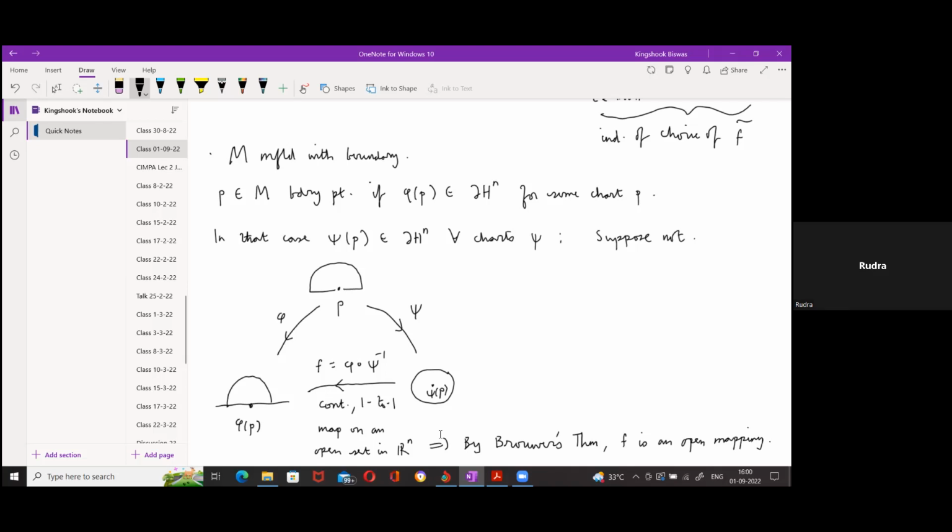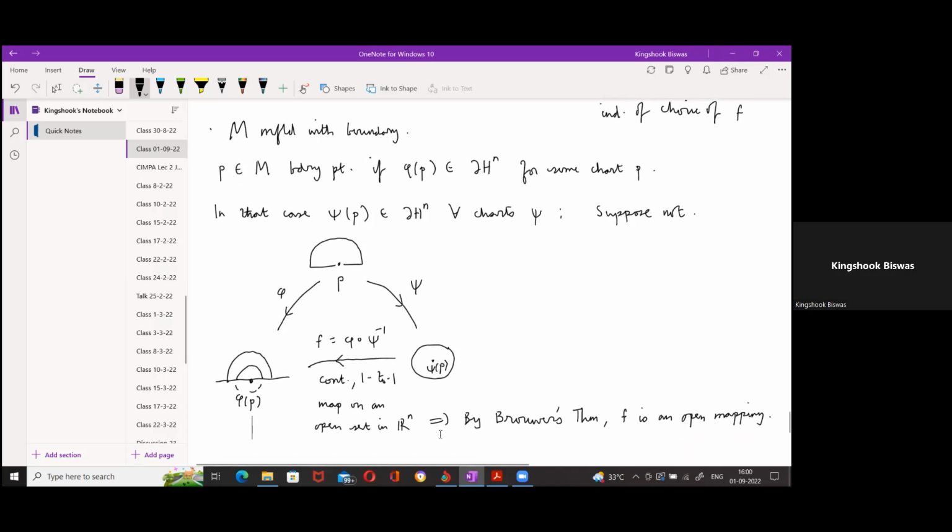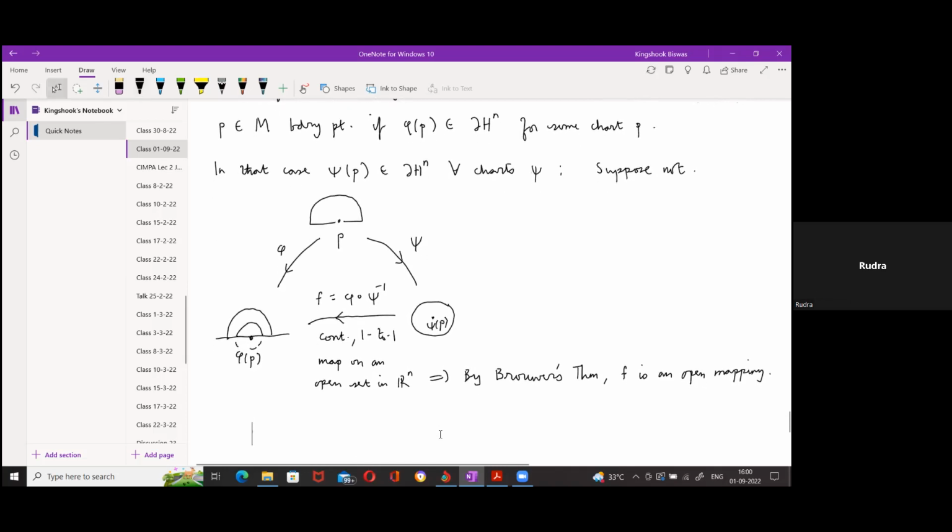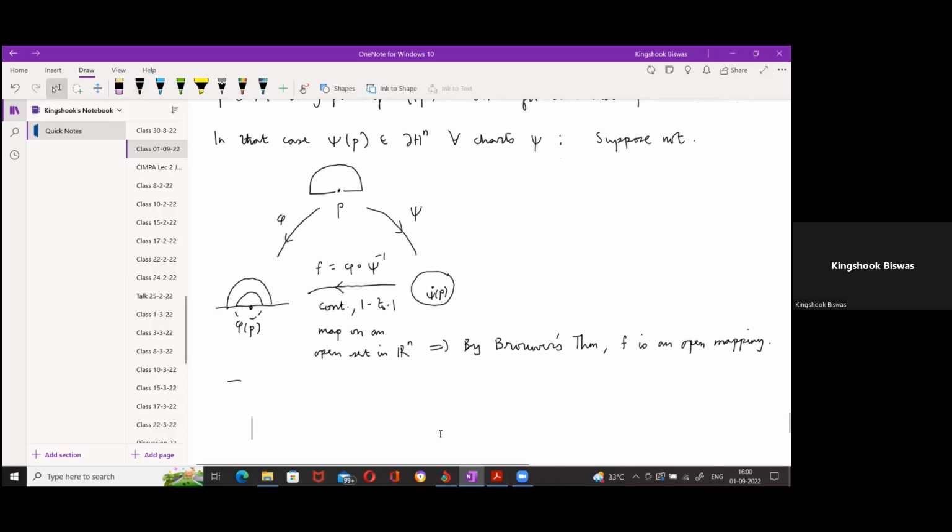Okay. But if F is an open mapping, then the image of this neighborhood of psi of P will be a neighborhood of phi of P inside Rn. So then the image of F will intersect the lower half space. But that's a contradiction. Is it clear? Yes.